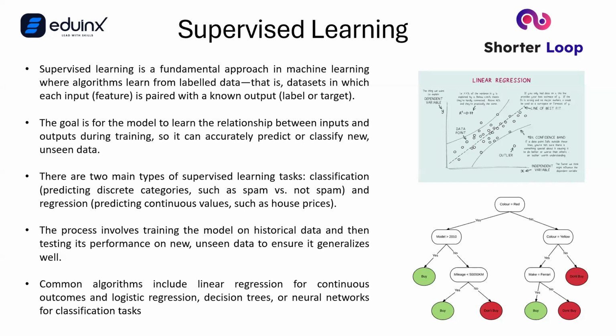So overall, what I'm trying to say is that supervised learning works on labeled input and output that is paired. Identifying the classification is important, like where it is actually getting used. I gave you the email example, spam versus not spam, right? Then linear regression, where you are working on continuous data values and you are able to predict.